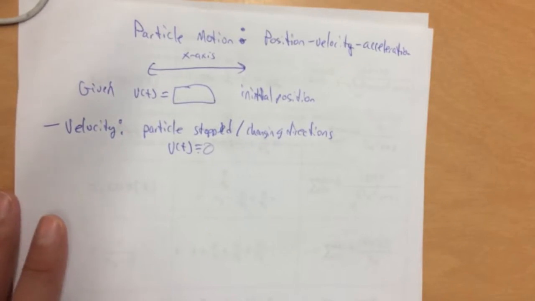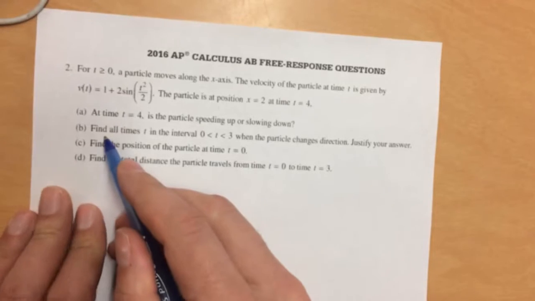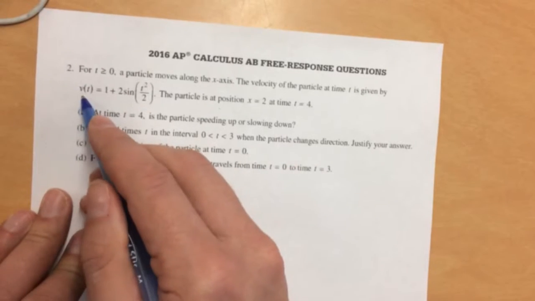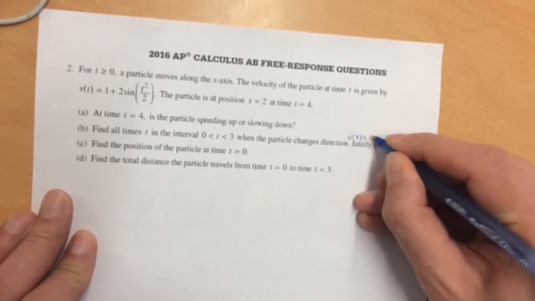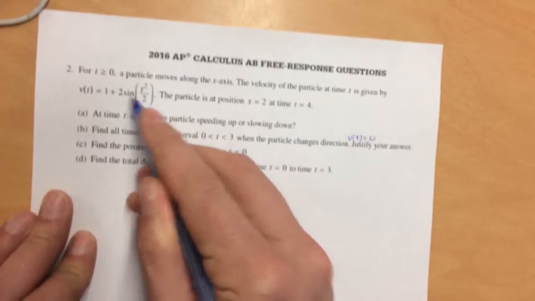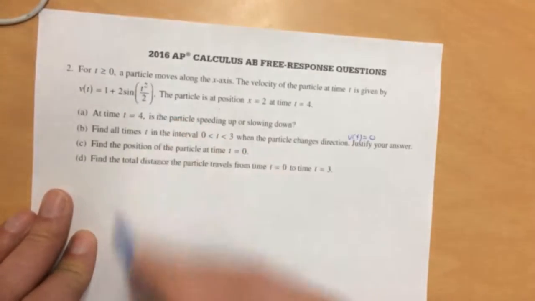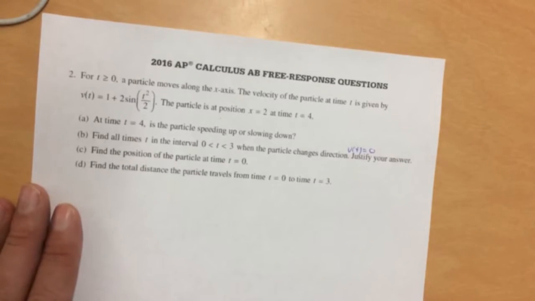And let's look at the last 3 years and see where this has come up. In 2016, we wanted to find all times where the particle changes direction. So that's just taking the velocity and setting it equal to 0 and solving the equation that makes the velocity equal to 0. Notice we're not putting in time equals 0. We're setting the velocity equal to 0 to find where the particle is stopped or changing directions.